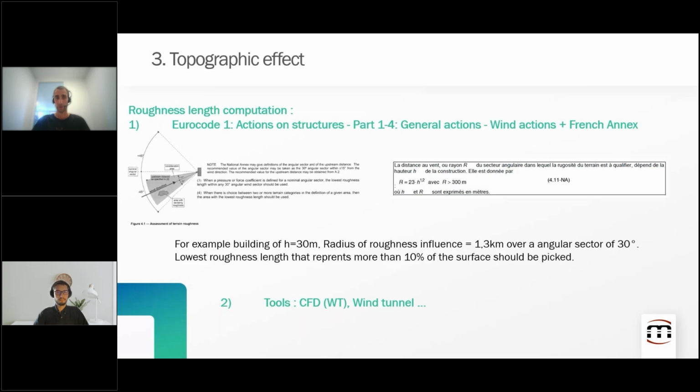On the left part, you have a sector rule every 30 degrees, and you have to look at the lowest roughness length that represents 10% of the surface. That's why it will affect the wind much more than it actually does. It will reinforce it. We are talking about safety.